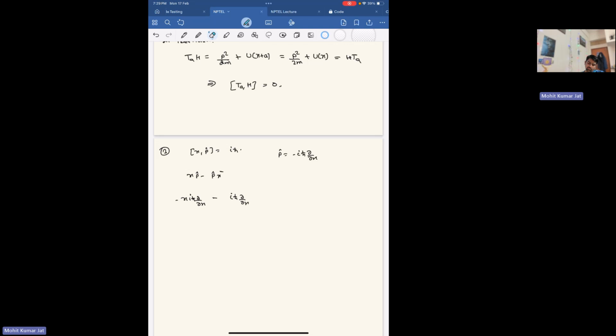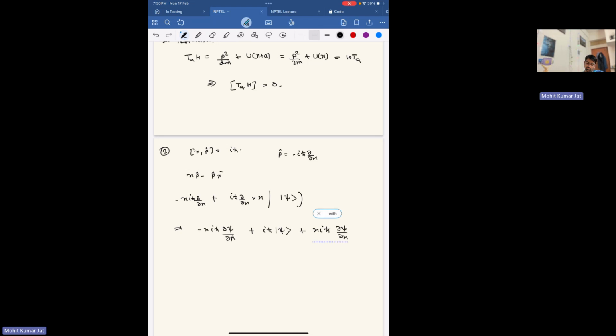Okay, sorry, I made a mistake here. Then the operator gets operated on the function psi. So this will be minus x i h bar del psi by del x minus i h bar; first it operates on x, so it will be i h bar psi, then it operates on psi, giving i h bar del psi by del x.